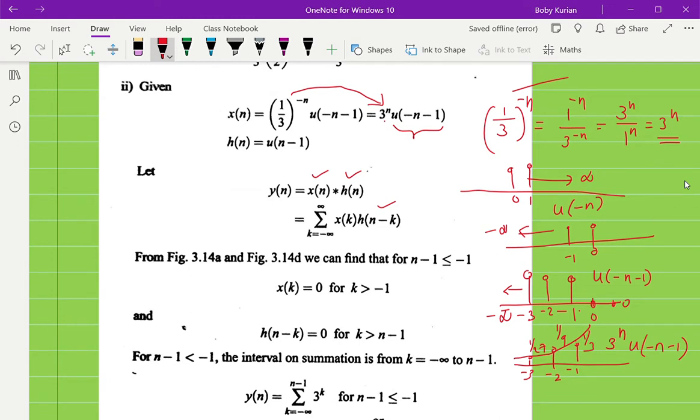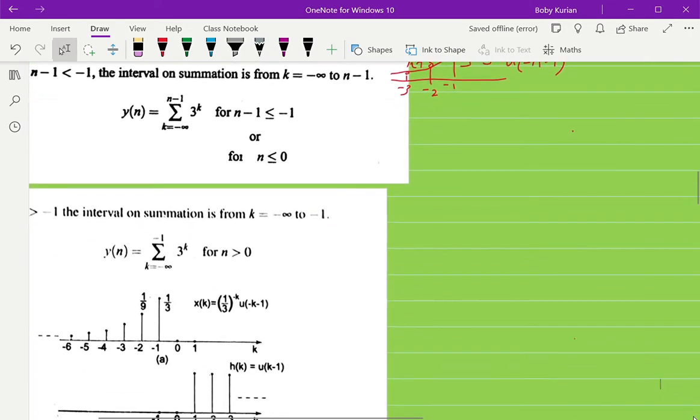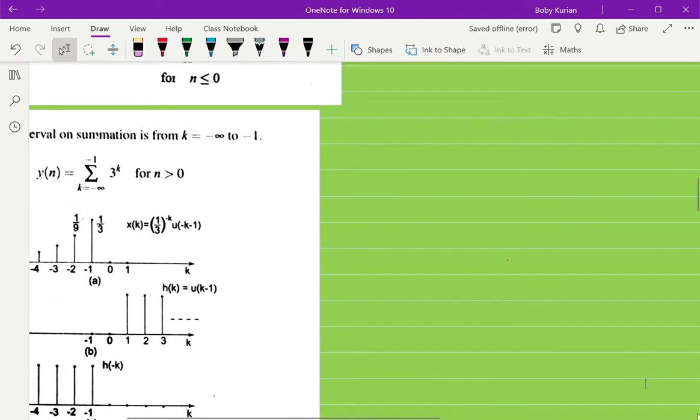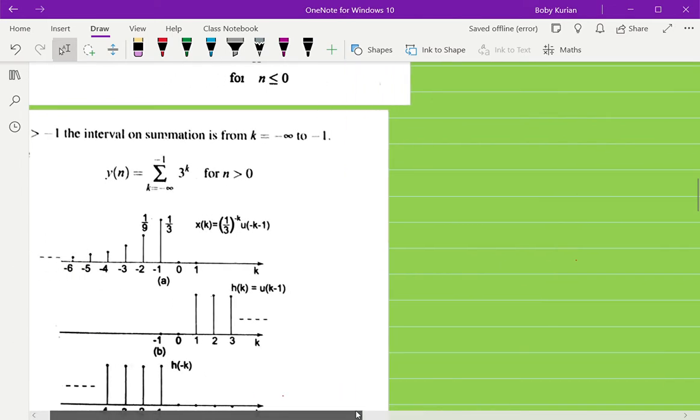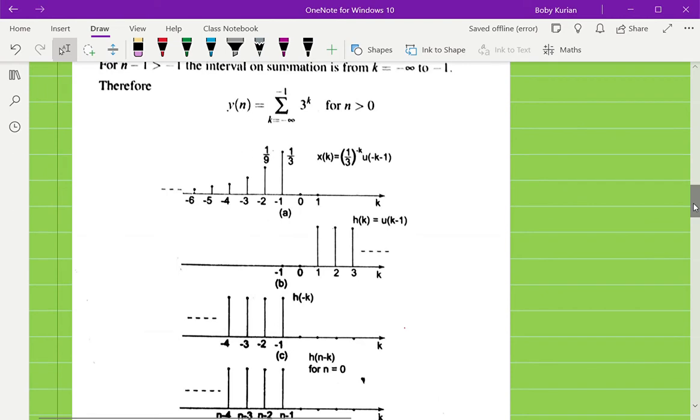So now let us take the next step. Let us try to draw the signal. Sorry, the first signal is, you can see this is the first signal, x of k, 3 raised to k u of minus k minus 1.